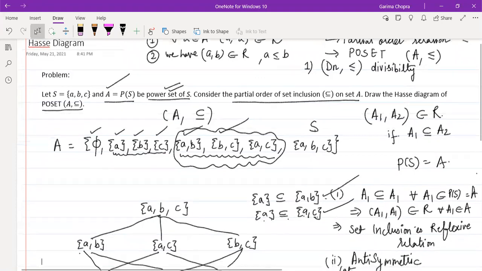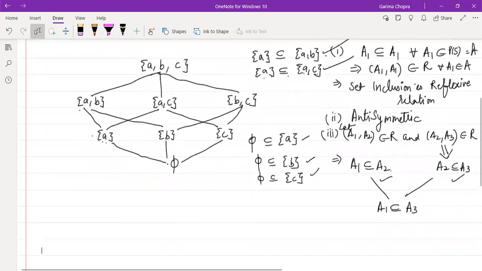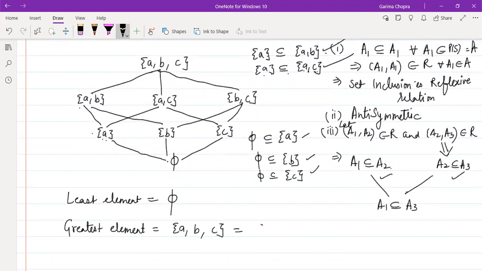For this poset, if we check for the least element and the greatest element, it is clear from the Hasse diagram that the least element is the set phi, the null set. And the greatest element, also known as the unit element, is the set having three elements. This is actually the given set S.